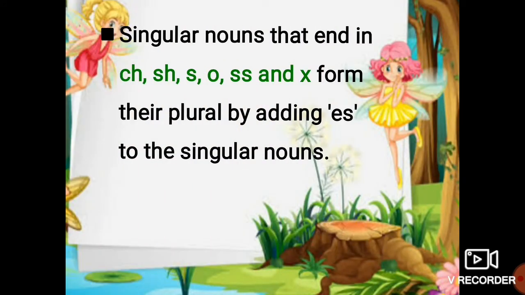Next, singular nouns that end in ch, sh, s, o, ss and x form their plural by adding es to the singular nouns. It means that the singular nouns which end with the letters ch, sh, s, o, ss or x can be made in the plural form by simply adding es to the given singular nouns.